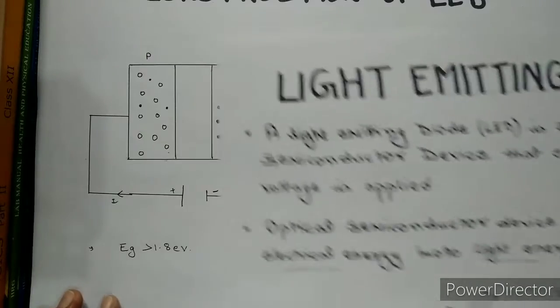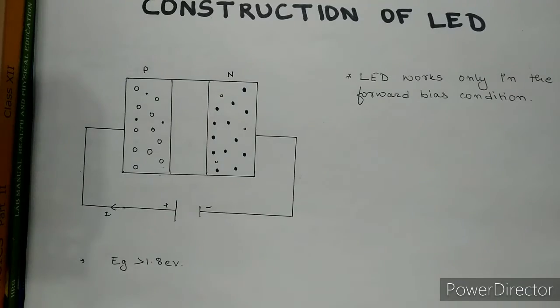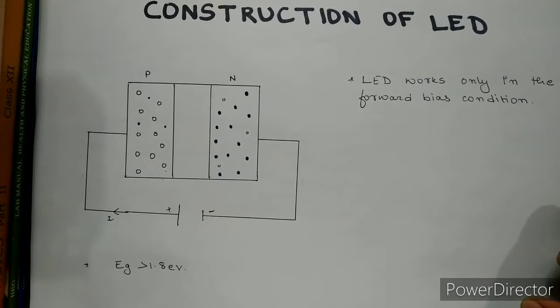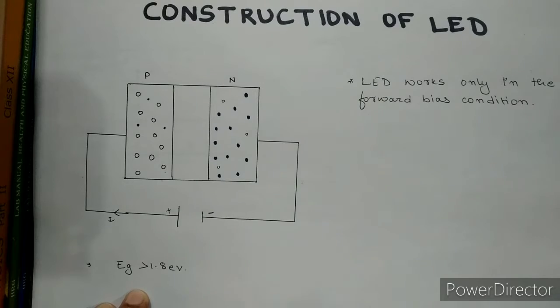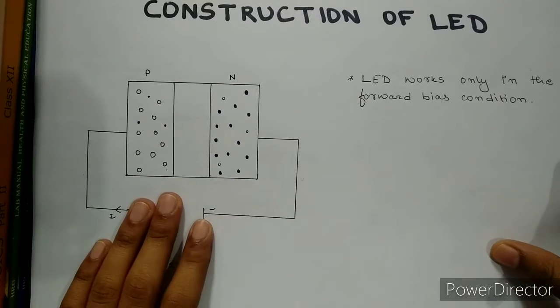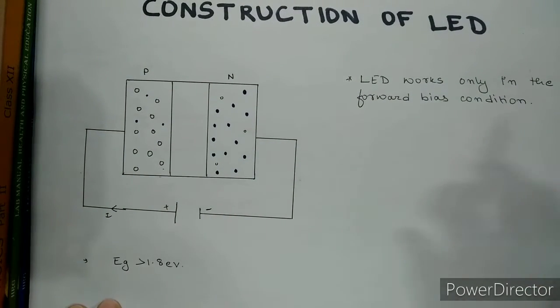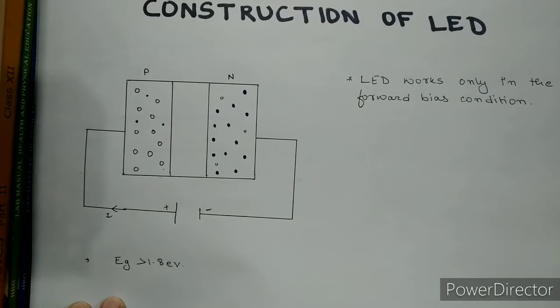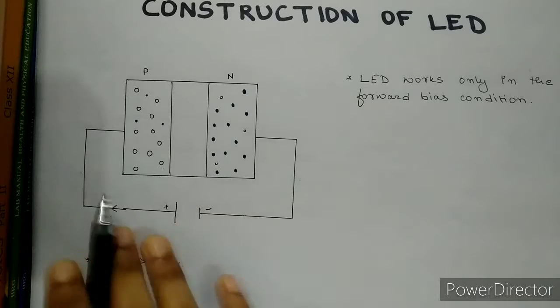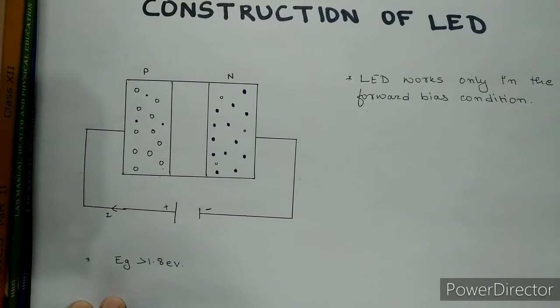Now let's see the construction of the LED. For the construction of the LED, we need a PN junction. We all know that a PN junction is a diode, and here its energy gap must be larger than 1.8 electron volts.